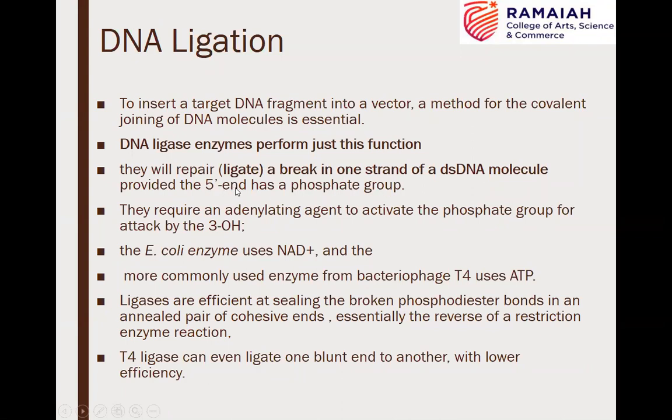The presence of the phosphate group at the 5' end is important for the action of these ligases. In addition, for their activity, they also require an adenylating agent to activate the phosphate group present at the 5' end, and to make it ready for the attack by the 3' hydroxyl group. I hope you are able to follow what I meant.